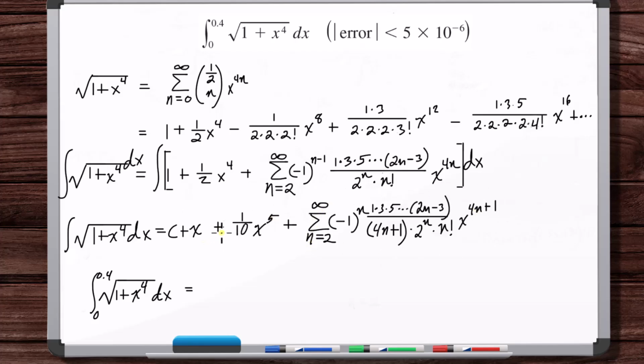All this is 0. So the definite integral then is equal to, well, we start with x, so just plug in 0.4.